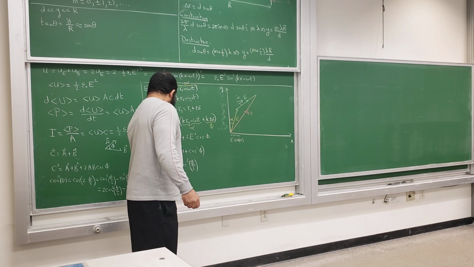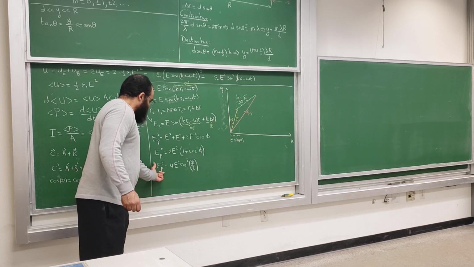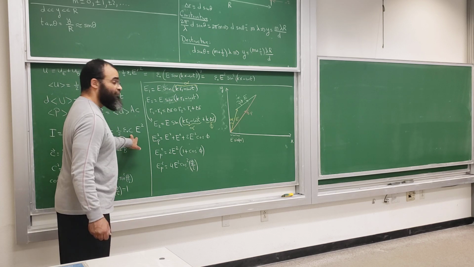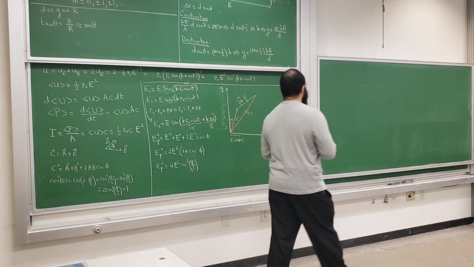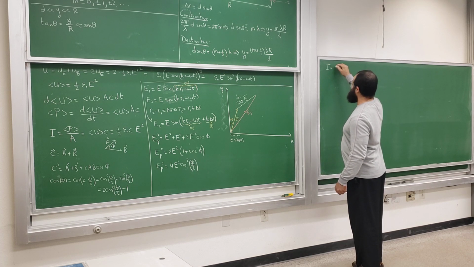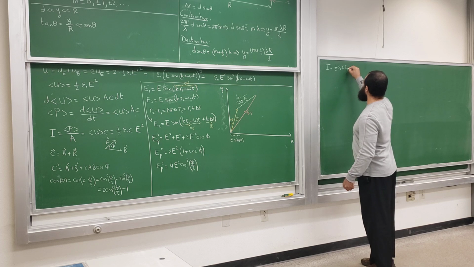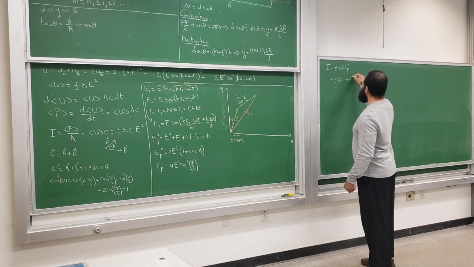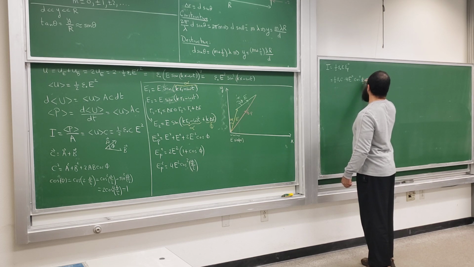Then we will go, here it is. The intensity is proportional to the amplitude squared. Here's the amplitude. You can substitute that. Here's the intensity, right here. We're going to substitute that. So the intensity I will equal to 1/2 epsilon naught c times EP squared. And that's 1/2 epsilon naught c times 4E squared cosine squared phi over 2.